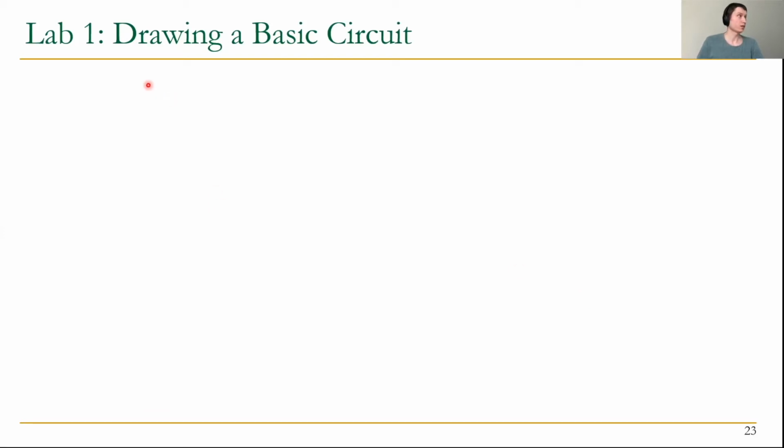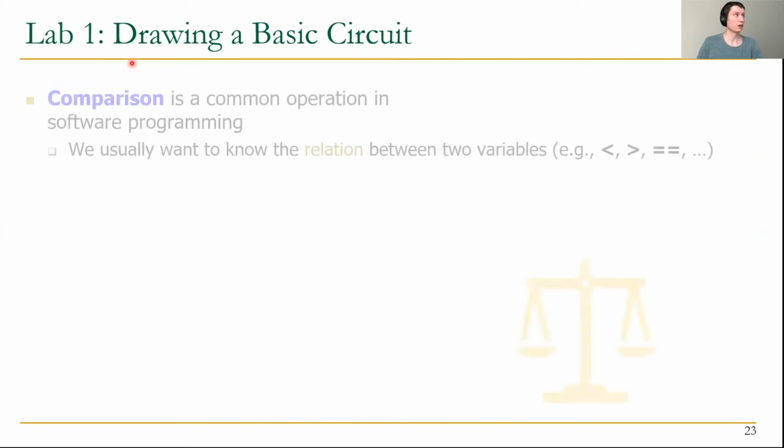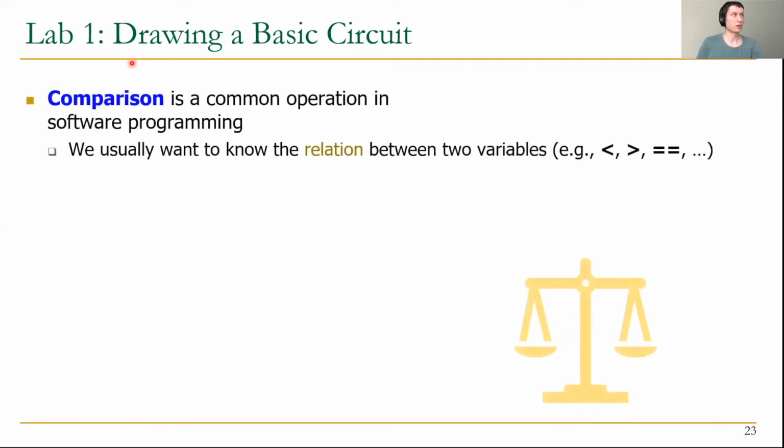Let's start with the first lab. This is the simplest thing we can do; we will start very simple and draw a basic comparison circuit, where we will learn how to compare numbers: a circuit that tells whether the first number is smaller or larger than the second number, or whether the two are equal.